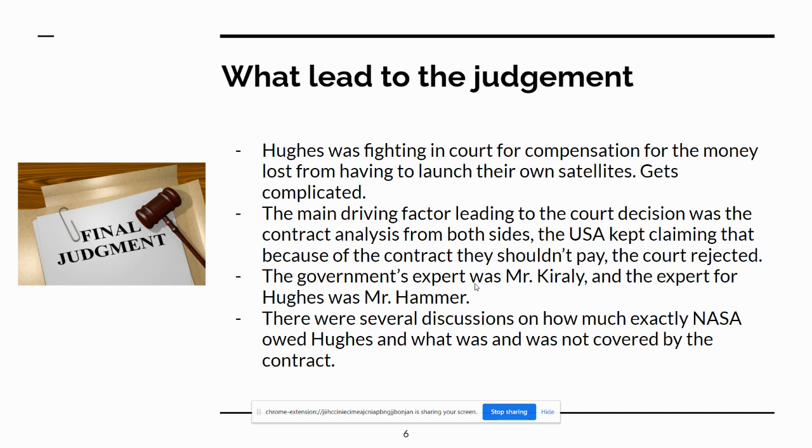We had Mr. Corrali, who was the government's expert for NASA, and for Hughes it was Mr. Hammer. There were several discussions as to how much it would have cost to send all the satellites originally, and how much Hughes had to spend to send them up their own way using a different launch mechanism that didn't involve a shuttle.